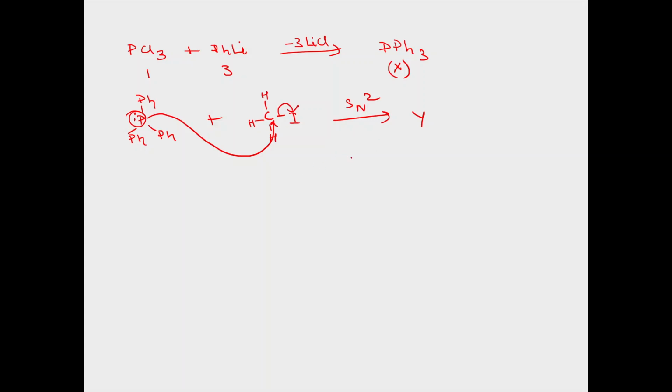So what will be the product from this? PPh3 CH3 with plus charge, and I minus. So Y will be this.